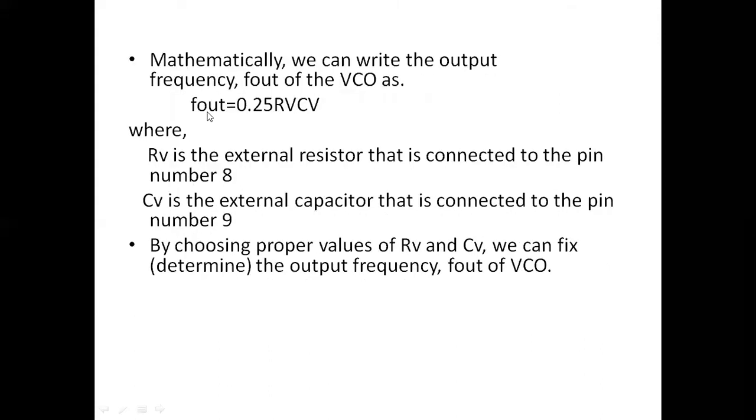And we have a particular frequency at the VCO. In order to find out the frequency of the VCO, we use the formula Fout is equal to 0.25 over RV into CV. Here RV is the external resistor connected to pin number 8, and we also connect an external capacitor CV.